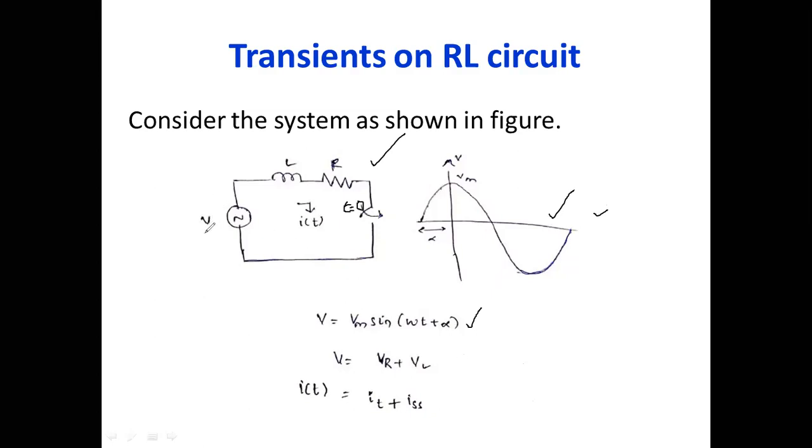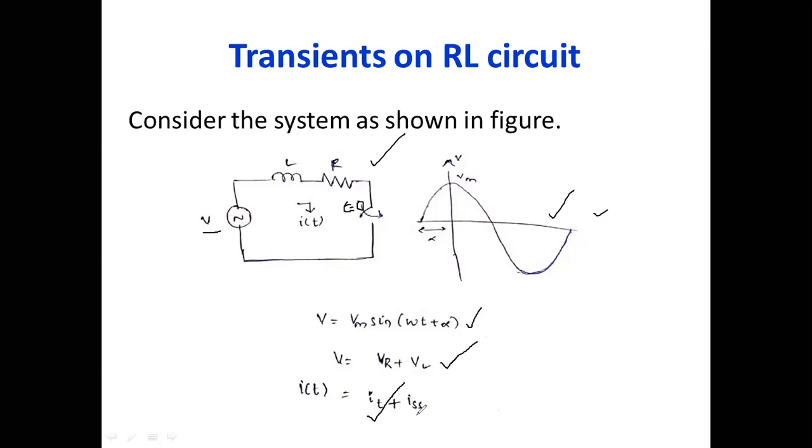This is the total voltage that is going to be supplied to two components: the first one is resistance and the second one is inductance. So the total voltage is divided into two parts, VR plus VL. Now, i of t is also the combination of two currents. What is the first one? IT, the transient current.